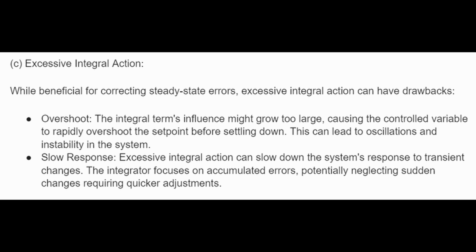This can lead to oscillations and instability in the system. Slow response. Excessive integral action can slow down the system's response to transient changes. The integrator focuses on accumulated errors, potentially neglecting sudden changes requiring quicker adjustments.